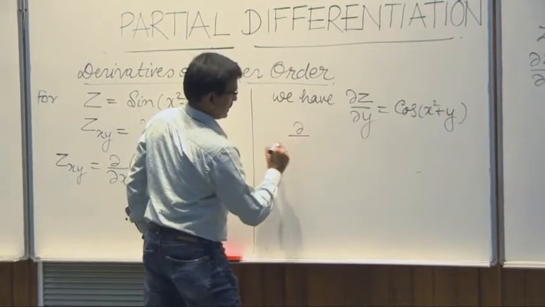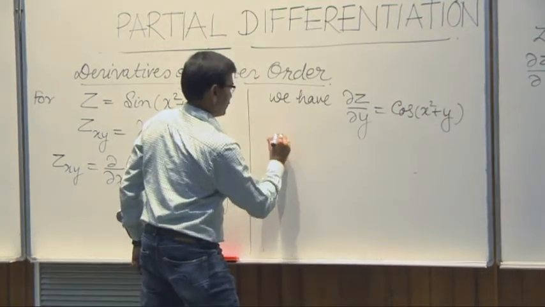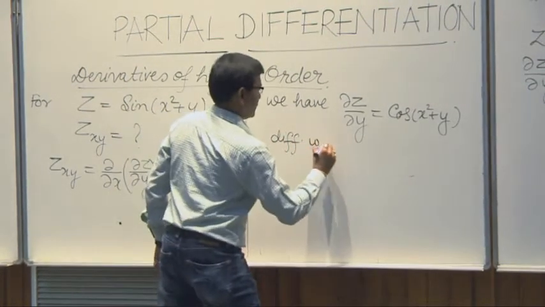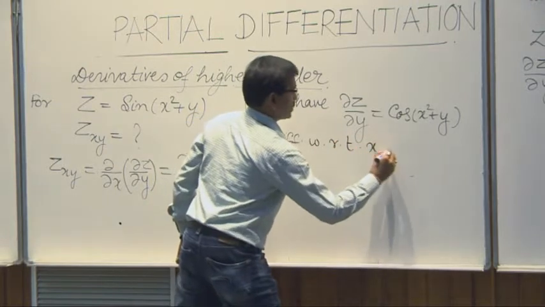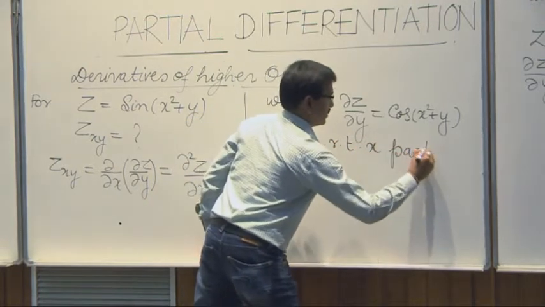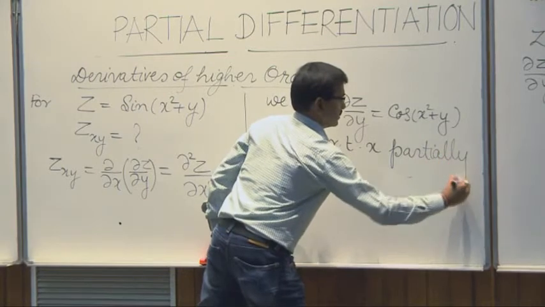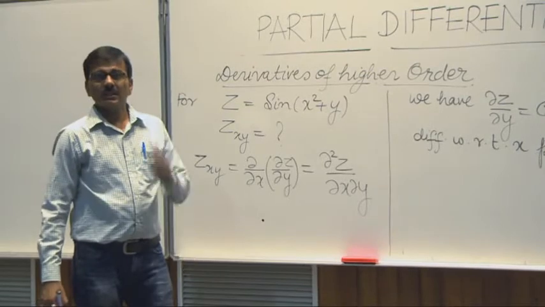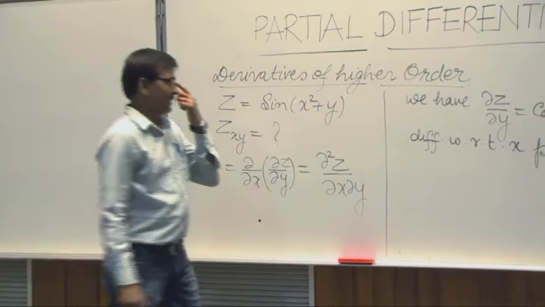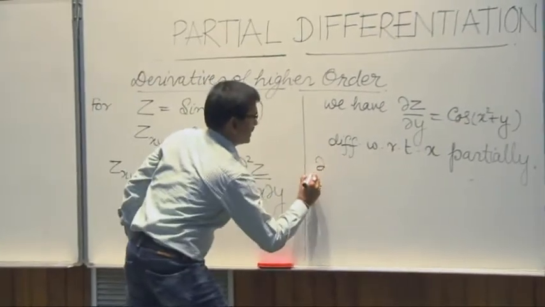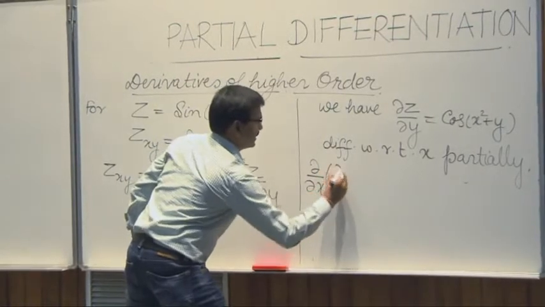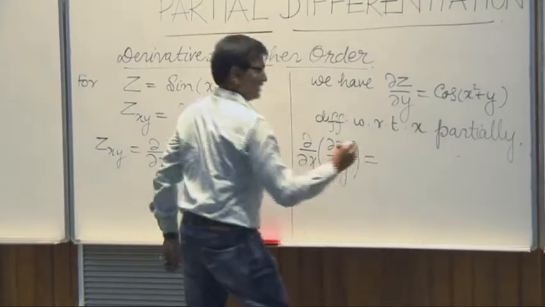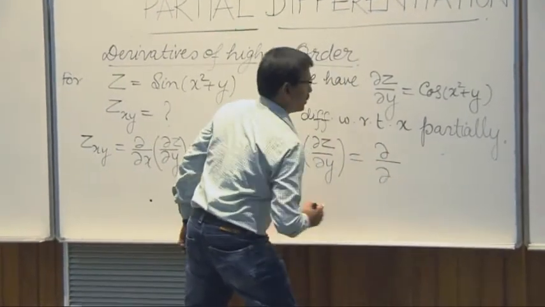Now differentiating with respect to x partially means del x of del z del y, and on the right-hand side it is easy to do it quickly.